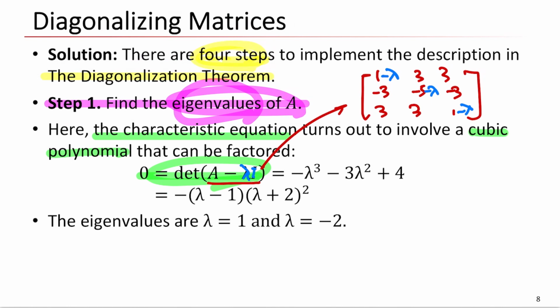Then you can easily find the determinant of this one, right? So please derive this yourself, because we've already talked about finding the determinant of a 3 by 3 matrix. So let's do that, by computing the determinant.